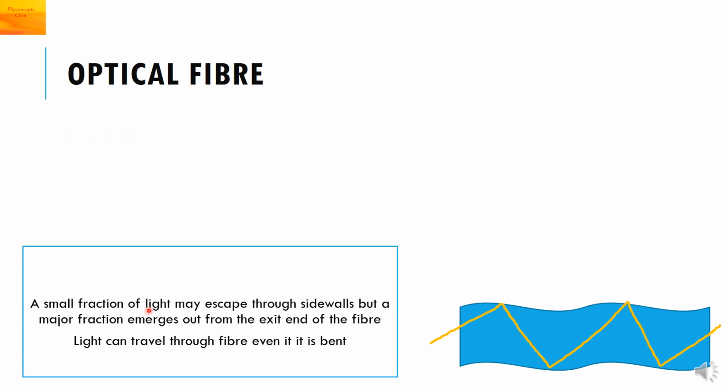A small fraction of the light may escape through the side walls, but a major fraction emerges out from the exit end of the fiber. The light can travel through the fiber even if it is bent.